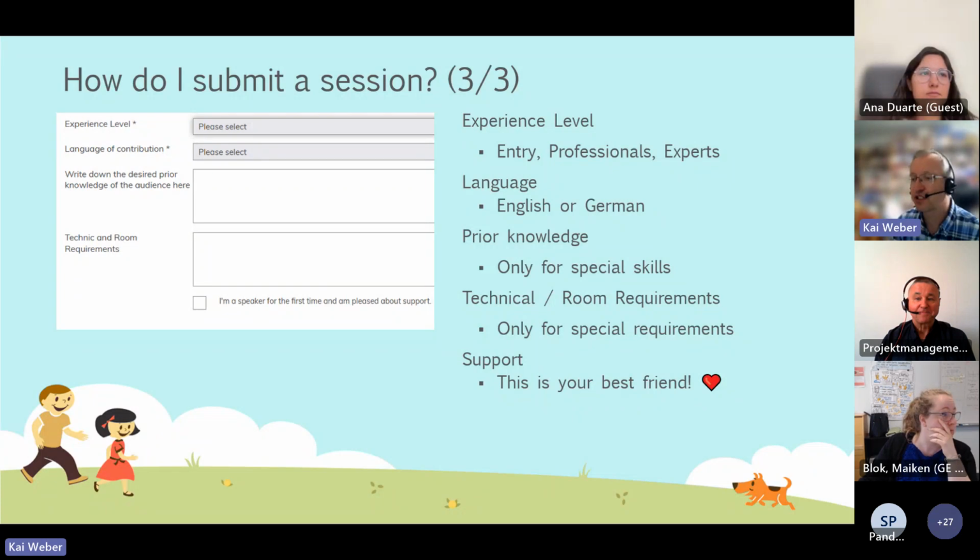Yes, how many session suggestions are submitted each year and how many of them are accepted? 500 is a lot. I don't think I've ever seen that. I think the most I've seen is a total of around 380 or so. And I think around half of those 380 got accepted.